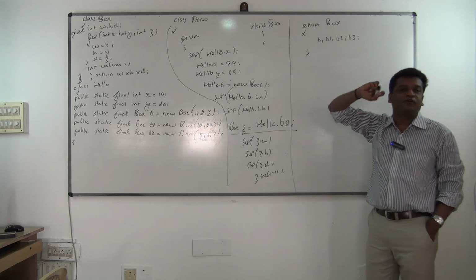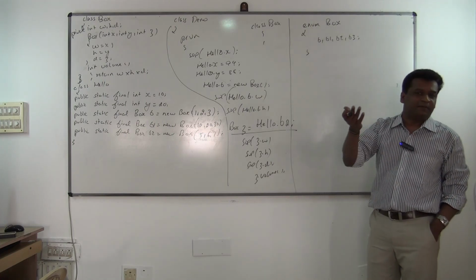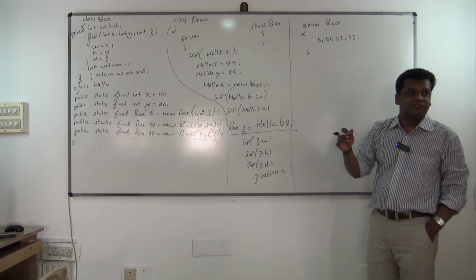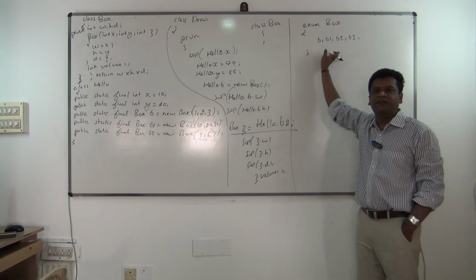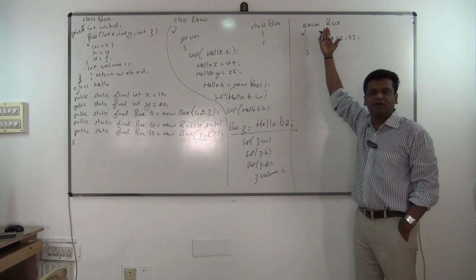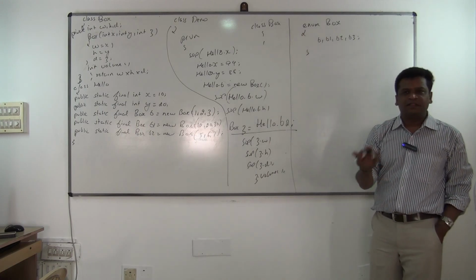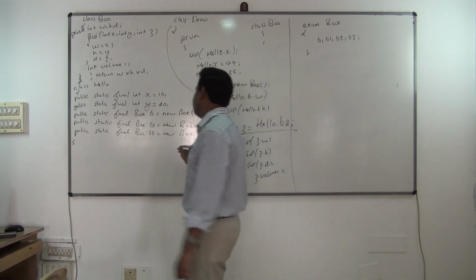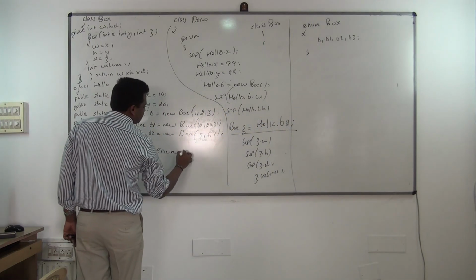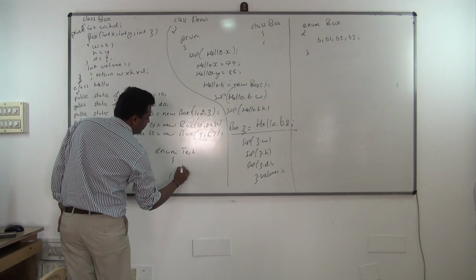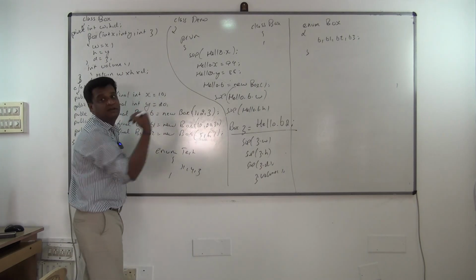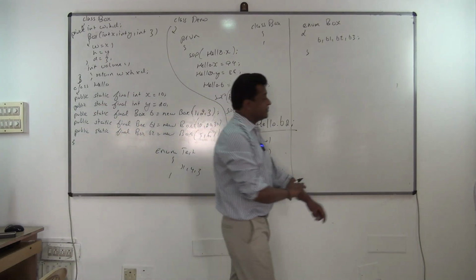Means your constants will be of the same type. In whichever enum you are writing, it will become of that type. If I am writing enum Box, B is of type Box. If I write an enum like Test, and if I write xyz, now xyz is of type Test. Like that it is. Understood?